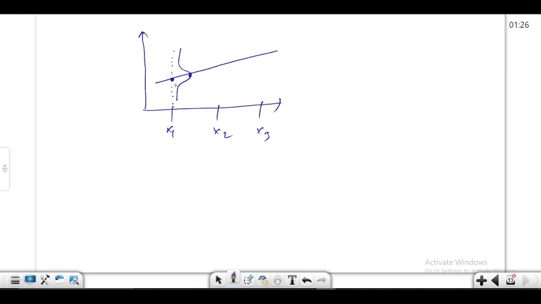So the expected value of y lies on the regression line itself, and that is why the expected ui value given xi is equal to 0. So this is true for every x, right? This is true for every x. So this is what it means. I hope this is clear.